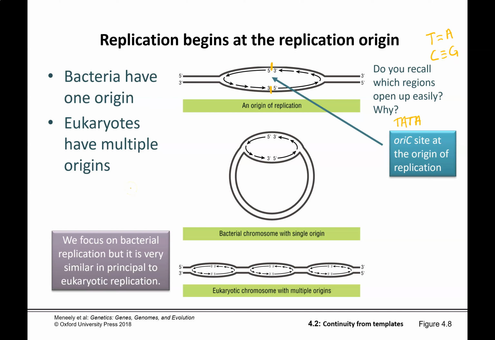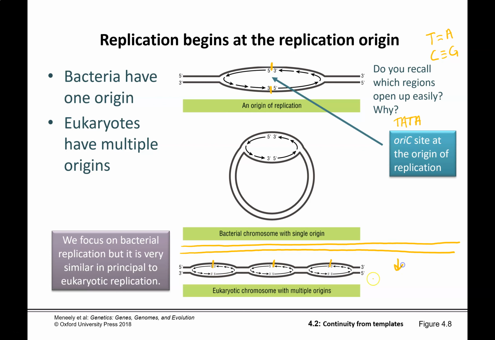In eukaryotes, we have multiple origins. Remember that eukaryotic chromosomes are linear, and so we have multiple origin sites all along, and these origin bubbles will eventually merge together.